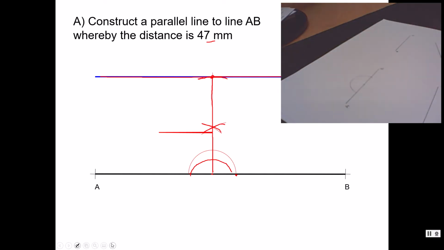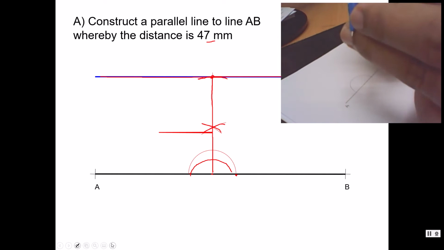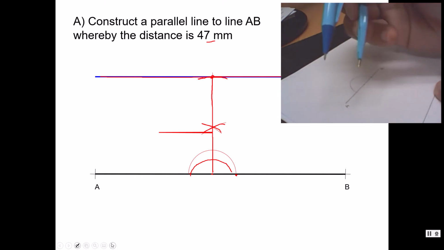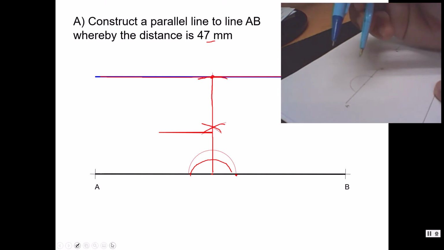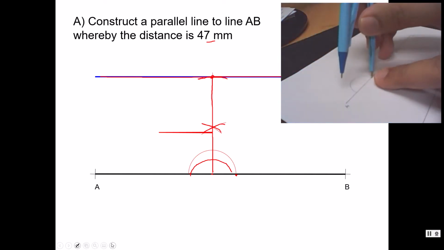Okay, so after we draw the half circle, it's up to you in terms of the distance of the compass, but make it consistent. Yeah, so from this point, okay, maybe I need to lengthen it a bit.